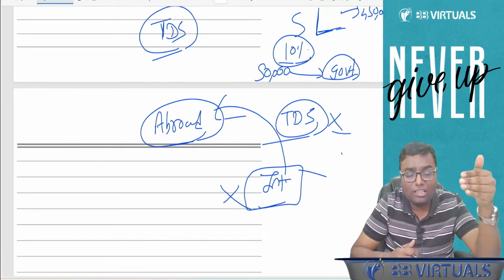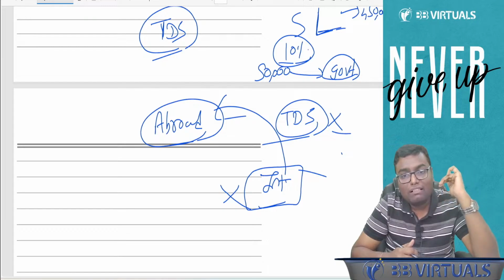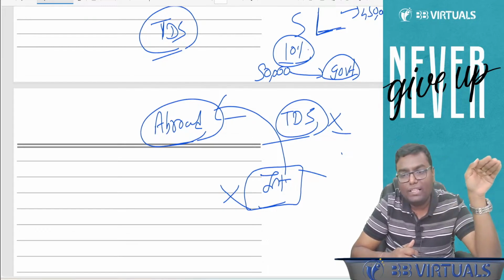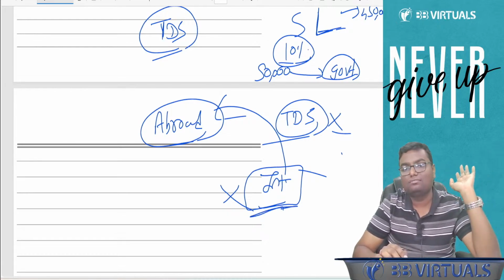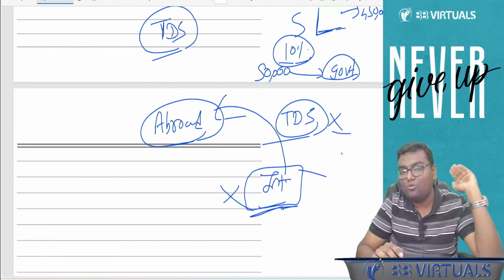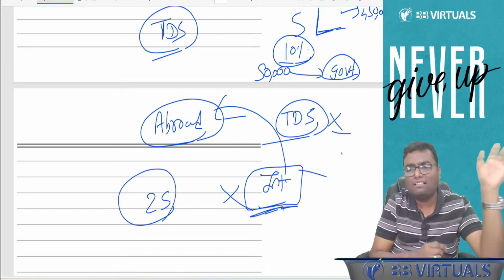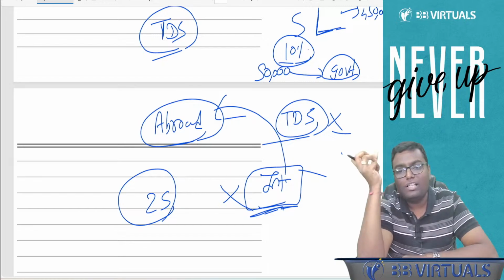If I have taken a loan from abroad, I am going to pay the interest abroad. I have to deduct TDS. What if I don't deduct TDS? I will not get deduction of that entire interest. And this disallowance, can I say my deduction is not allowed? This is written in section 25. It is a one-liner section. That if you pay interest abroad without TDS, your interest deduction is not allowed.